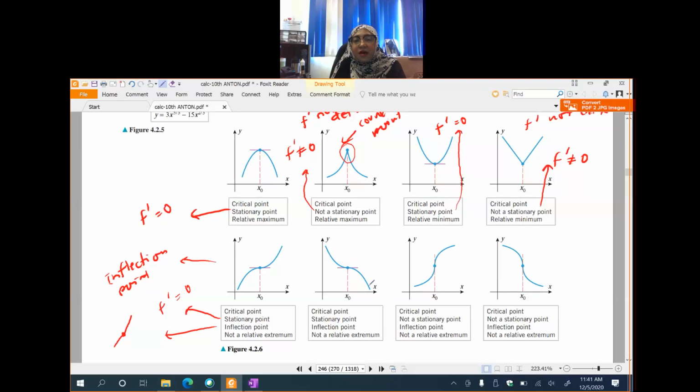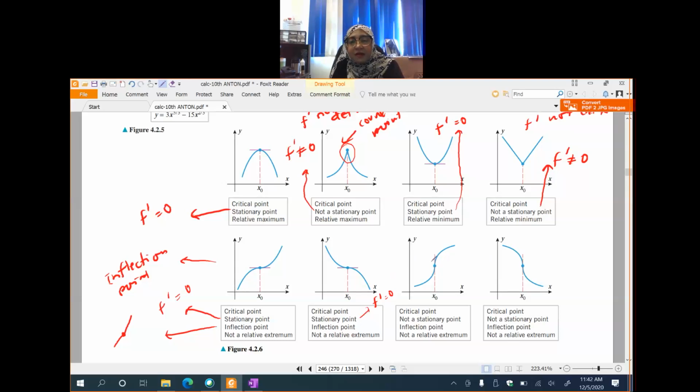It's a stationary point because f prime is equal to 0, an inflection point, and not a relative extremum, not a relative maximum or a relative minimum. Extremum means either minimum or maximum.